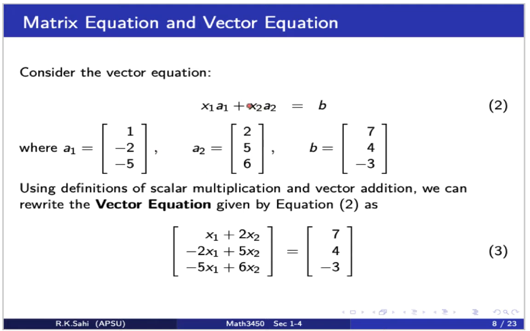We already know how to write it down when we plug in these values of a1, a2, and b. What do we get? We get x1 plus 2x2 equals 7, minus 2x1 plus 5x2 equals 4, minus 5x1 plus 6x2 equals minus 3. So basically this is equality of vectors.